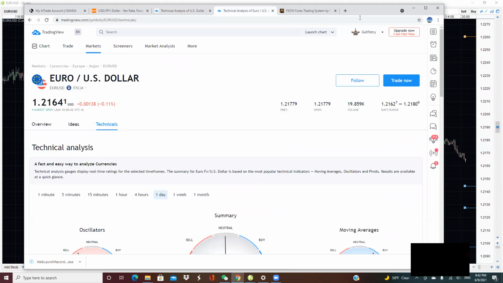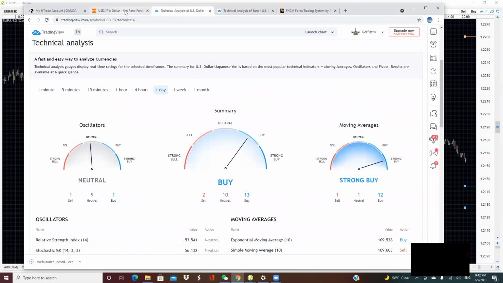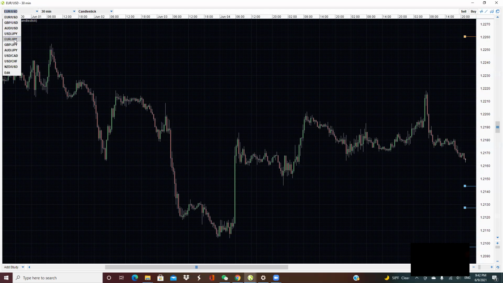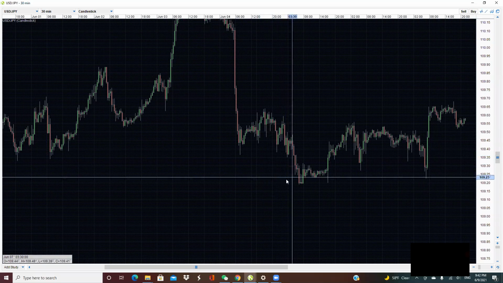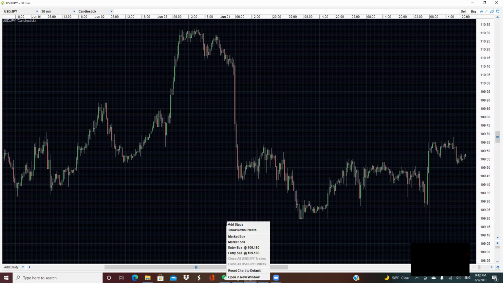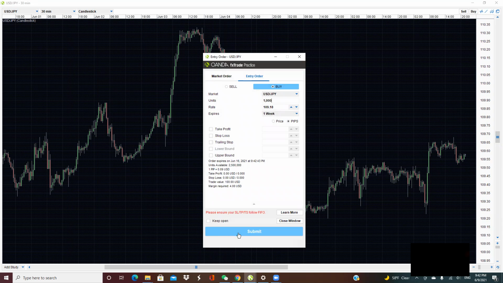So I'll try to create an entry for US dollar and Japanese yen. I'll do it like this. This is a 30 minutes chart. I'll do a 1,000 entry right there.